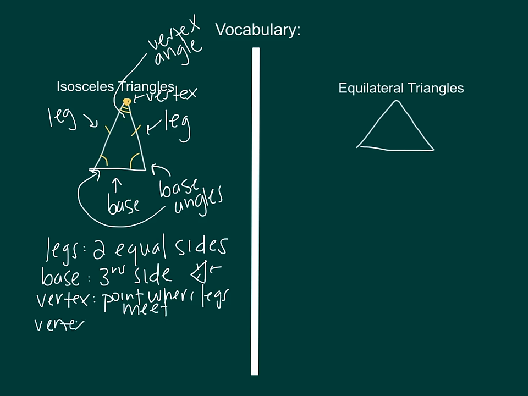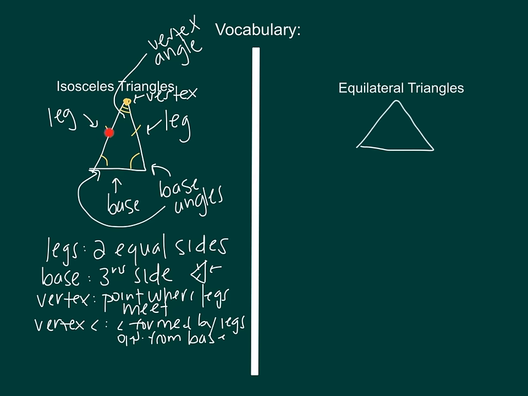Vertex angle is the angle formed by the legs. It's always opposite from the base. Okay, so if I look here, this is my vertex angle and it's all the way across from the base.